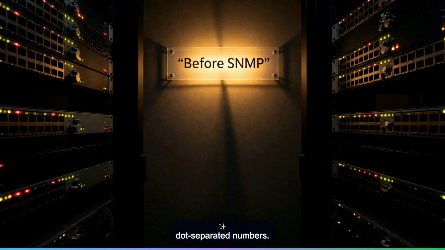OIDs look like long, dot-separated numbers, and they're organized in a tree structure, just like DNS. The numbers get unwieldy fast, so SNMP applications translate them into readable names. Instead of seeing that long OID string in your dashboard, you see CPU utilization.